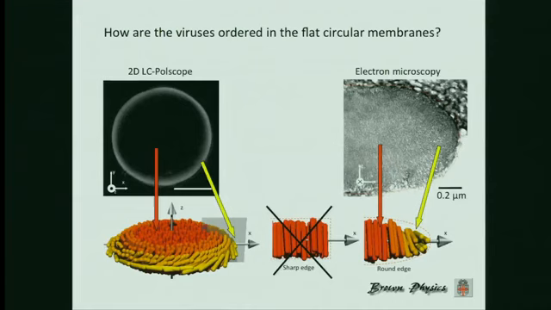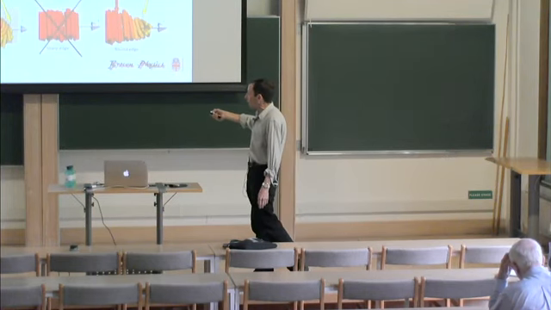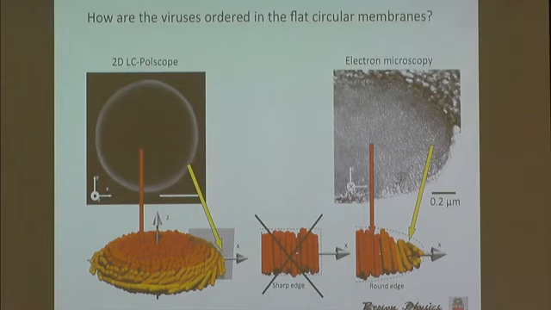So, let me summarize in a simple, theorist-type way what they infer about what's going on in these flat circular membranes in terms of the arrangement of the FD viruses. Through a combination of 2D and 3D microscopy as well as electron microscopy, what they infer is what I mentioned to you earlier: in the center of these disks, the rods are well aligned, and then as you get near the edge, they are twisting over.